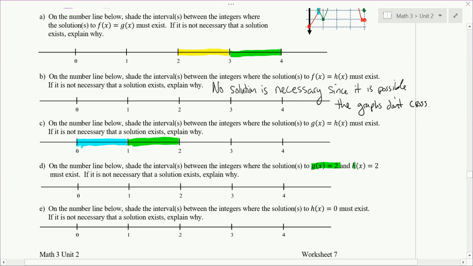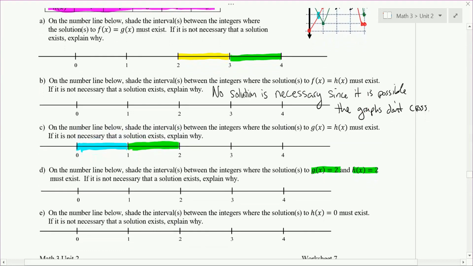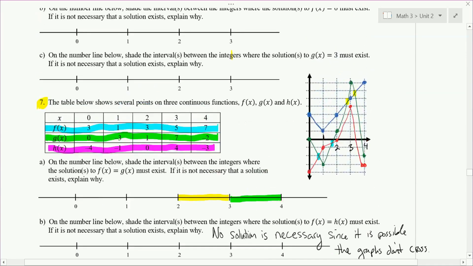It says the word and, so both g and h have to have a value of 2 within that interval. And then looking at D and E, D is talking about g and h, E is talking only about h. So I'm going to go and erase f, so we don't need it anymore.